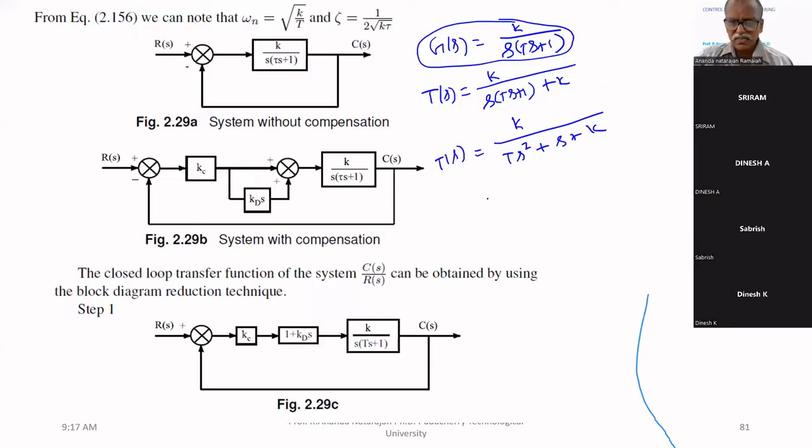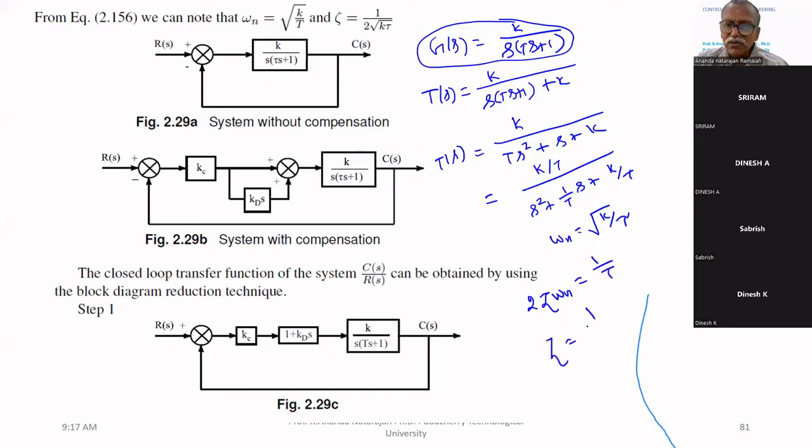If you write this in natural frequency form, what you will get is K by tau upon s square plus 1 by tau s plus K by tau. Therefore, omega n equal to square root of K by tau, since omega n square equal to K by tau. What is zeta? 2 zeta omega n equal to 1 by tau.